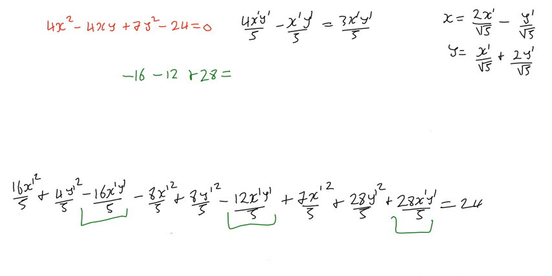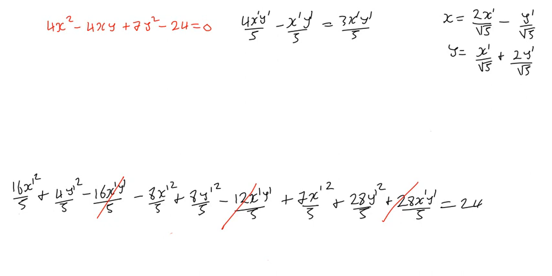Minus 16 minus 12 is minus 28. Yes. So it appears we were successful on eliminating the b term, which is the x. This one goes, that one goes, and that one goes, meaning we remain with our standard equation.